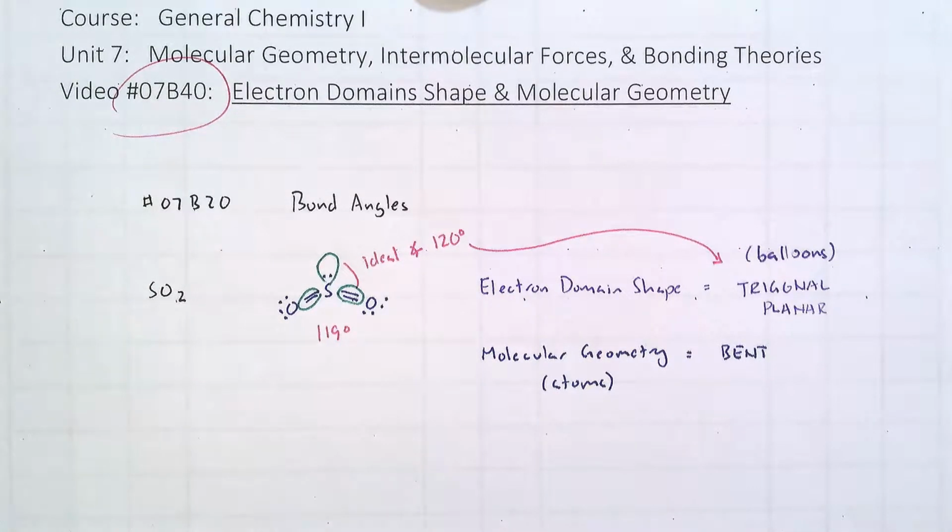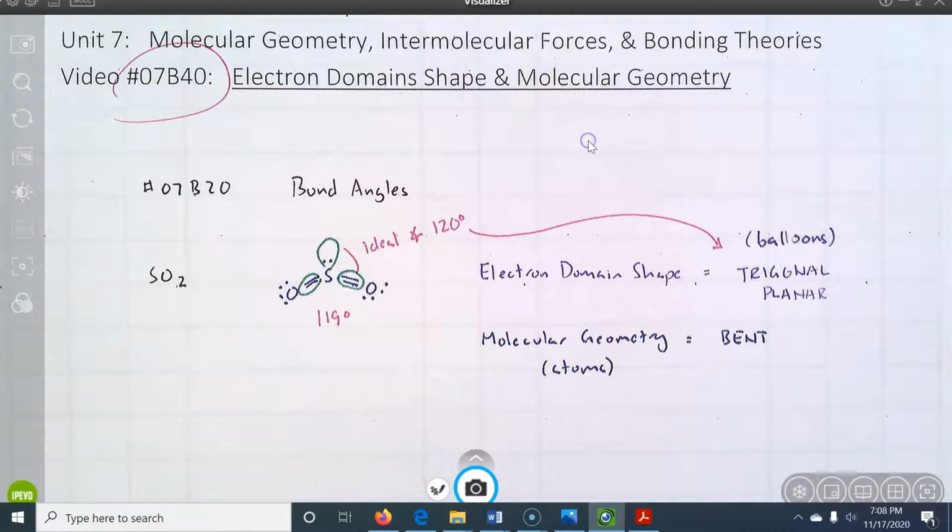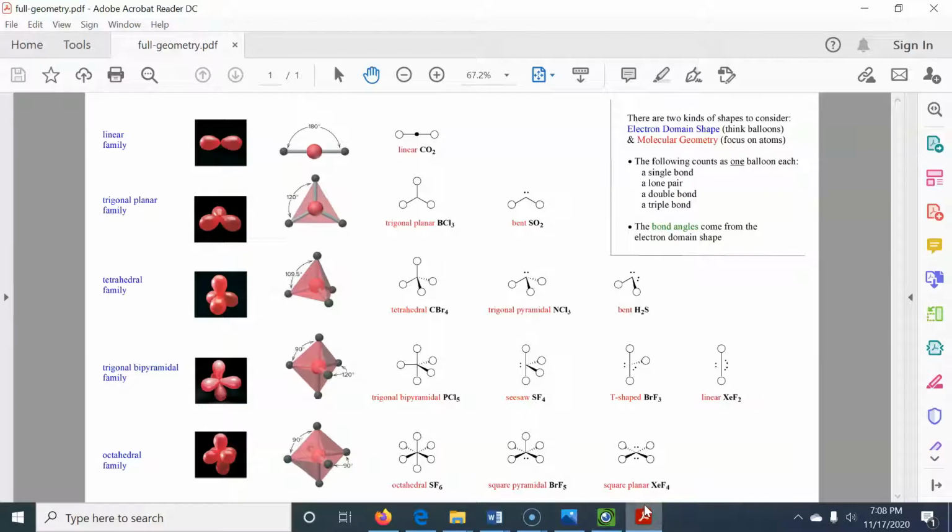Okay, so I promised that there's a study sheet that has all the shapes, the electron domains, and the molecular geometries that you will need to know for your class. Let me find that. It's a, oh, here, PDF. Okay, hopefully you can see that, and hopefully there's a cursor that you can see. But what were we just doing?